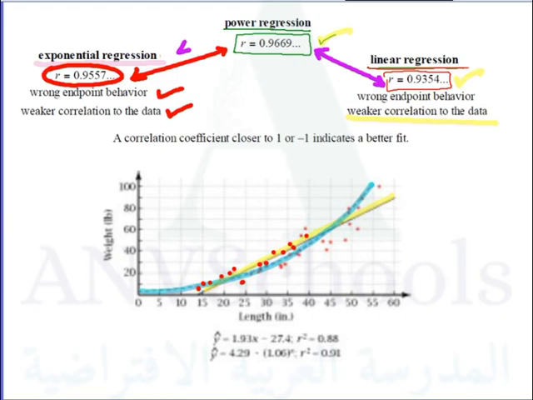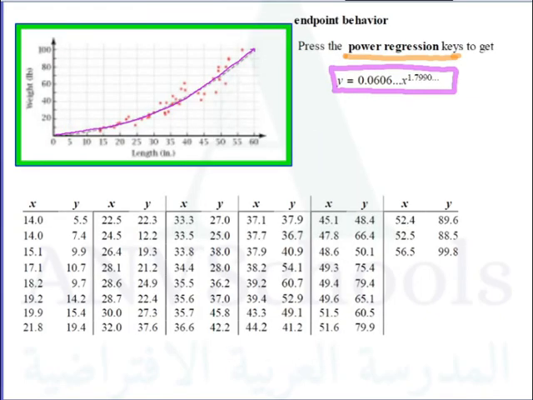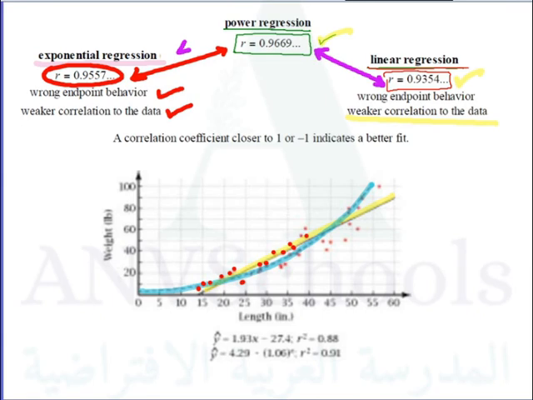As I have shown you, when we use the power function model, the points cluster on the curve, and we also have the right endpoint behavior, especially at the endpoints. That's how nonlinear data regression works.